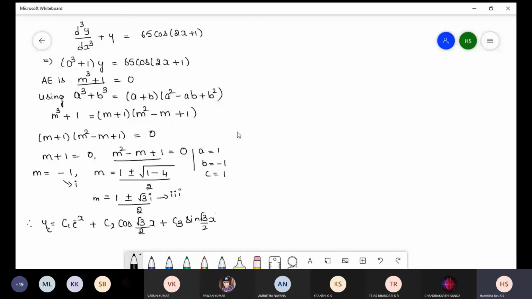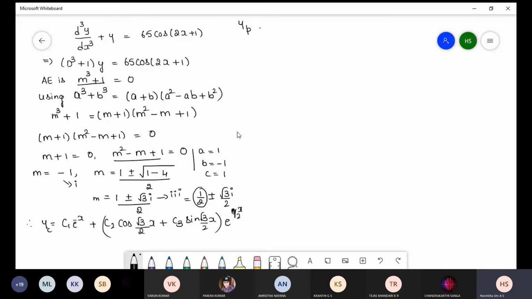In the place of p, here you can split this one, 1 by 2 plus or minus root 3i divided by 2. Here our p value is 1 by 2. So we can write e power 1 by 2 into x. This is the yc.